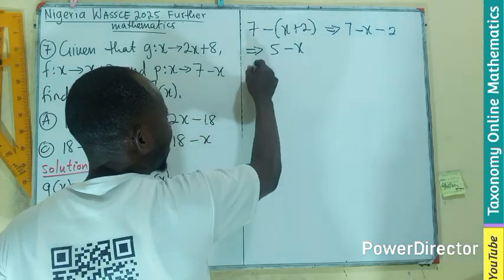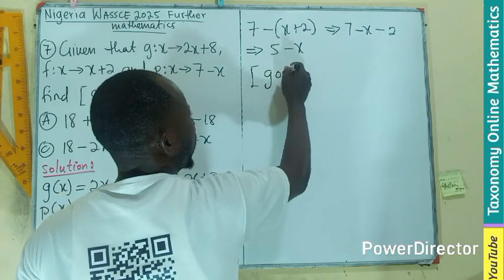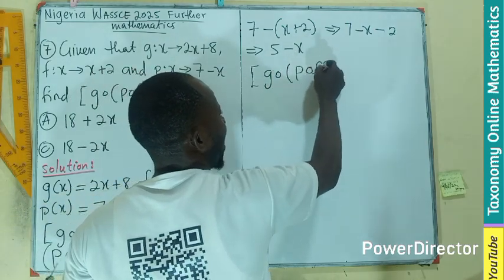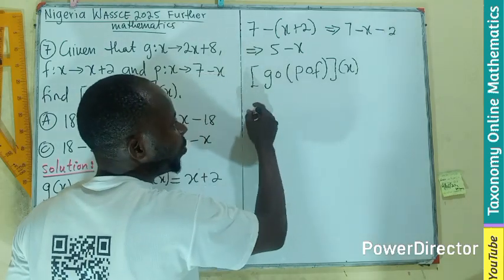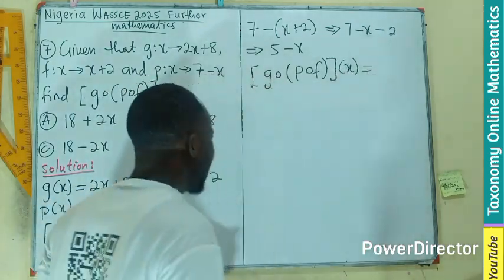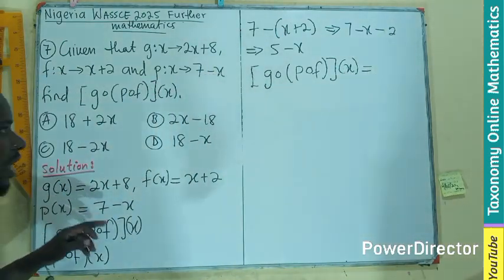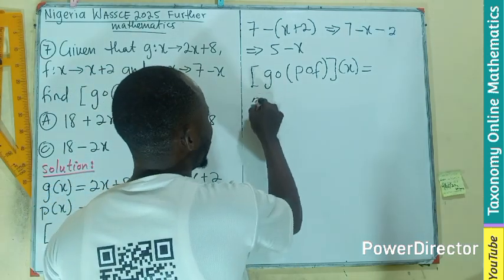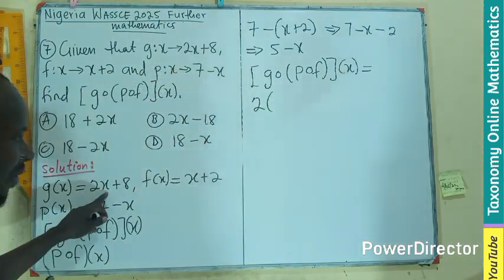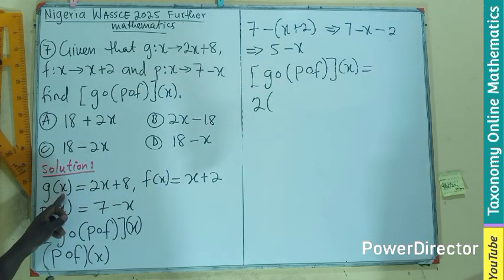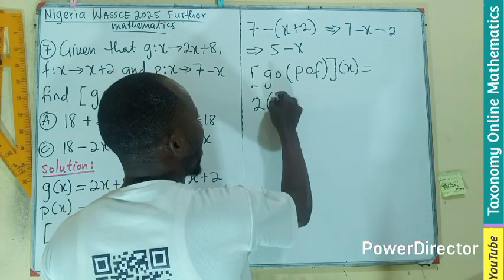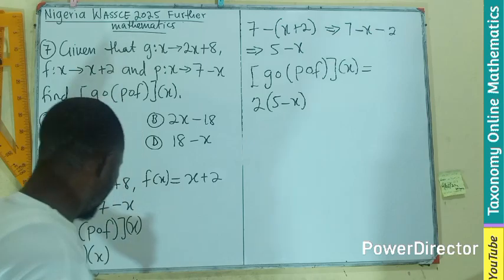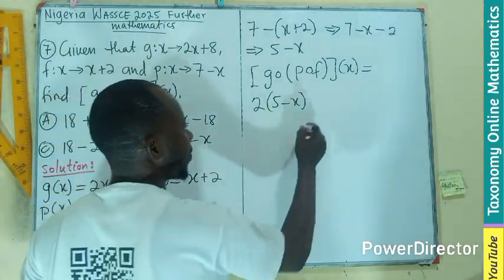So here I can say that g of p of f of x is going to be, what is the function of g? g is having 2 times the x, which used to be the input, now changed with the input 5 minus x, plus 8.